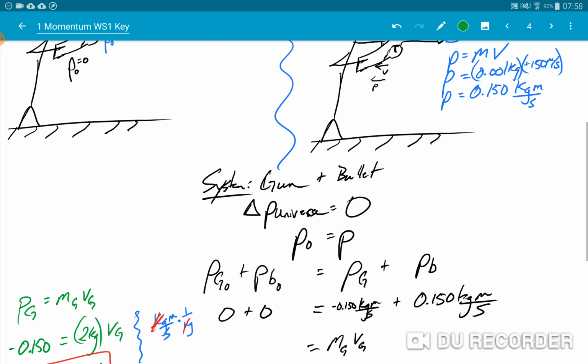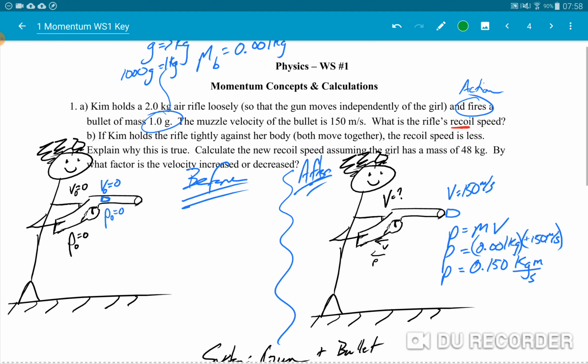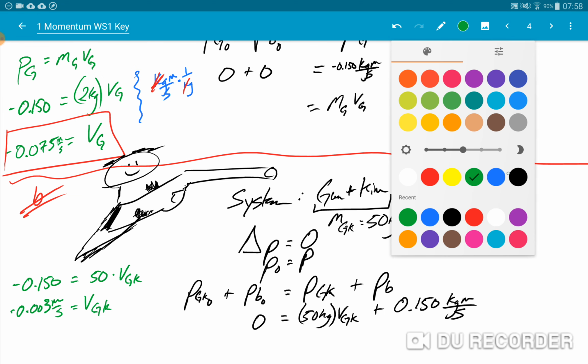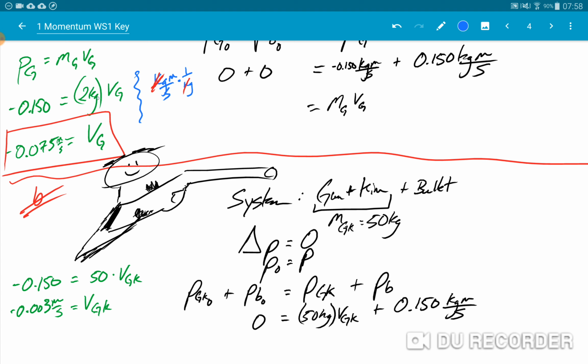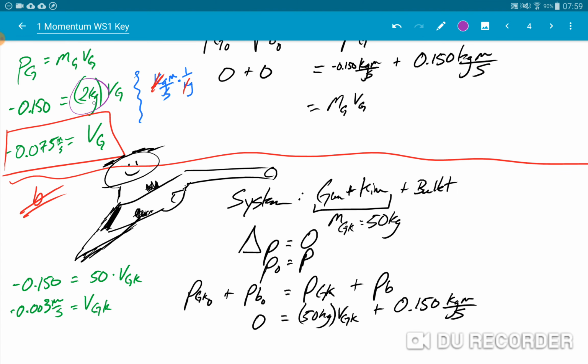I think it asked by what factor the velocity is increased or decreased? Well, there's a couple ways that we can go about that. But if I see that it's this mass that's causing this difference here, well, then I know that I can actually just look at the mass difference and see that ratio increase or decrease.